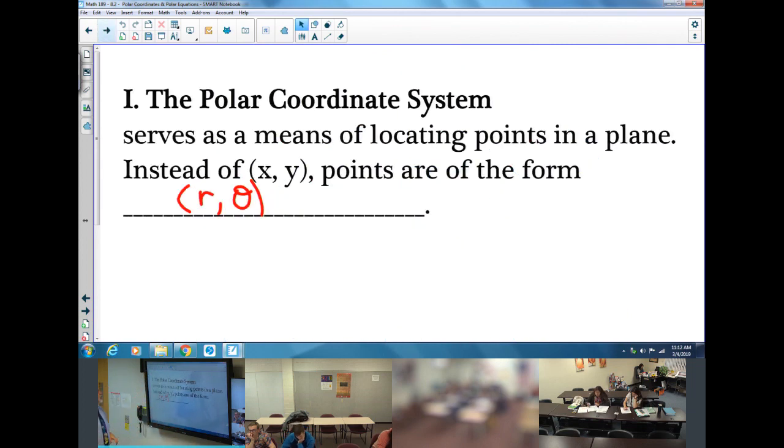The polar coordinate system serves as a means of locating points in a plane. Instead of x, y, points are in the form r, theta: the radius and then the angle it makes from the polar axis, the positive x-axis.